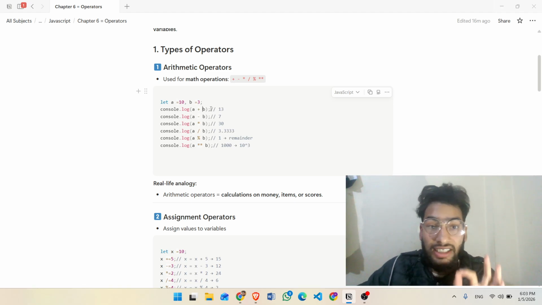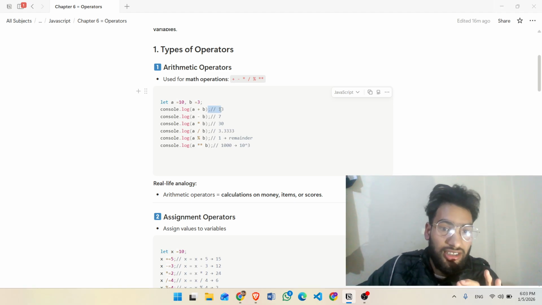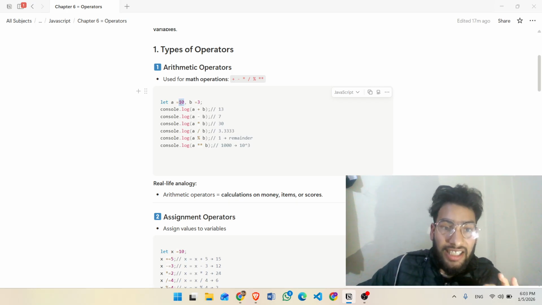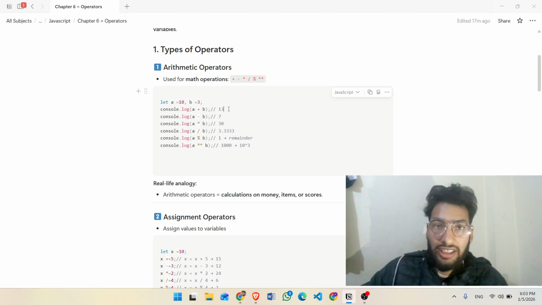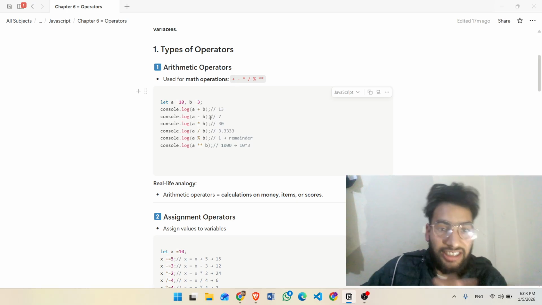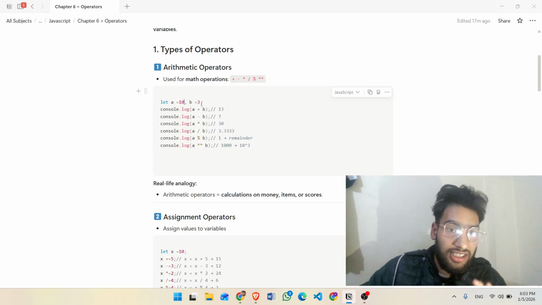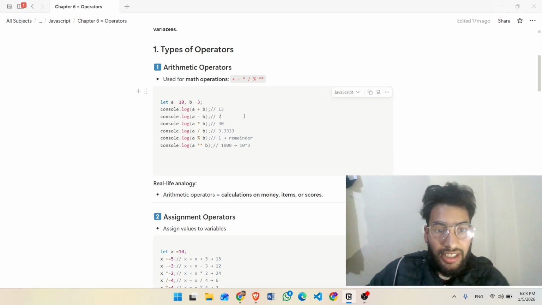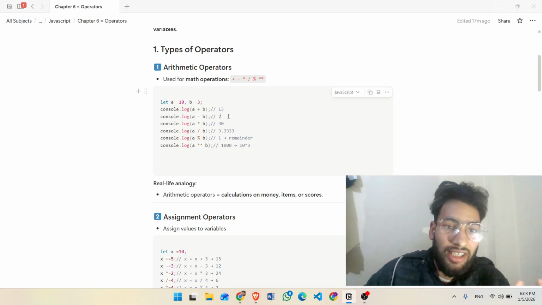It gives us the value by operating. Here the value of a is 10 and the value of b is 3, so it gives 13, right? Similarly we use subtract, a minus b. A is 10, b is 3, and it gives 7. A minus b is equal to 7.